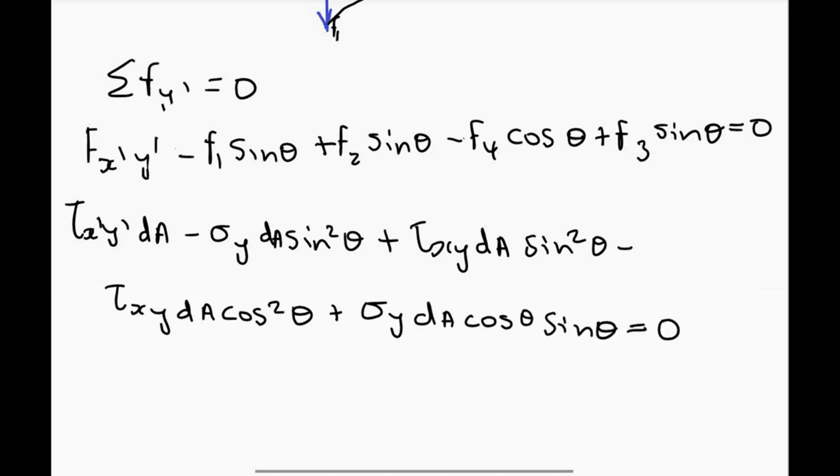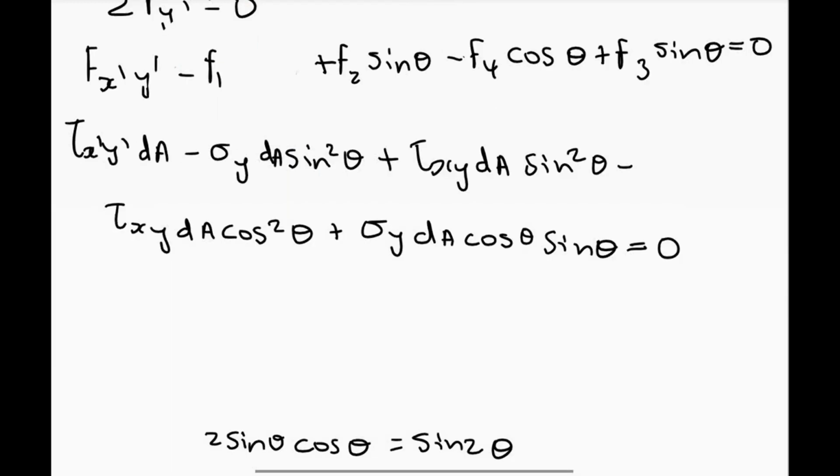So for this one was sine theta. My F1, this was cos theta. Therefore, the sigma y will have to change to cos theta sine theta. Now, similarly to the first one, the dAs are alike, so I cancel them.